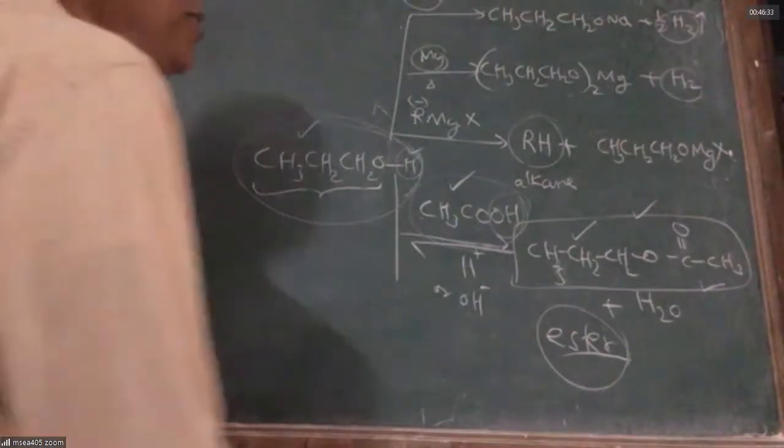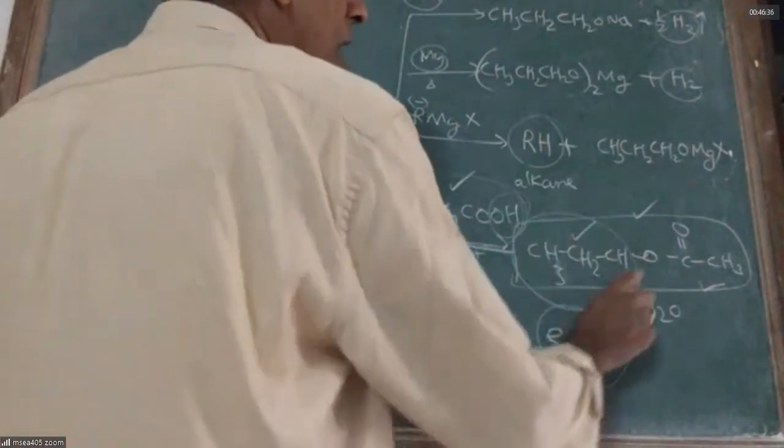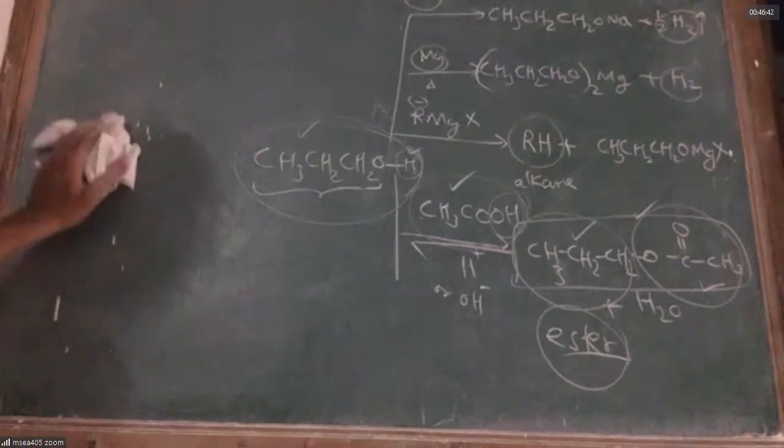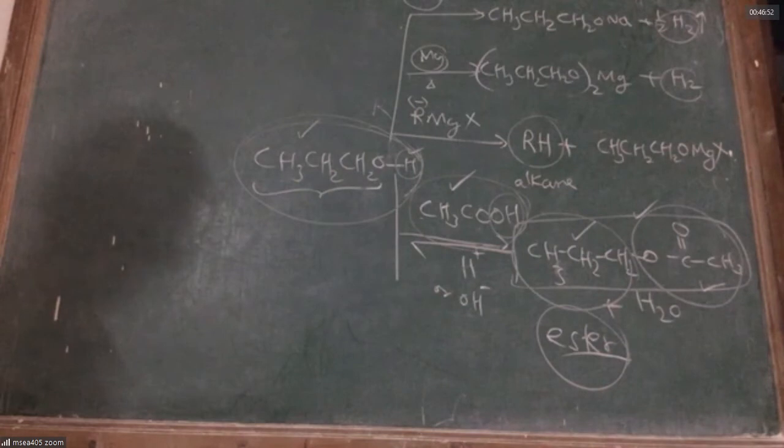What is the IUPAC name of ester? Alkyl alkanoate. So that's a note on that. What is the name of this reaction, sir? Esterification. In all these reactions, alcohols act like acids. Are you clear? Yes, sir.